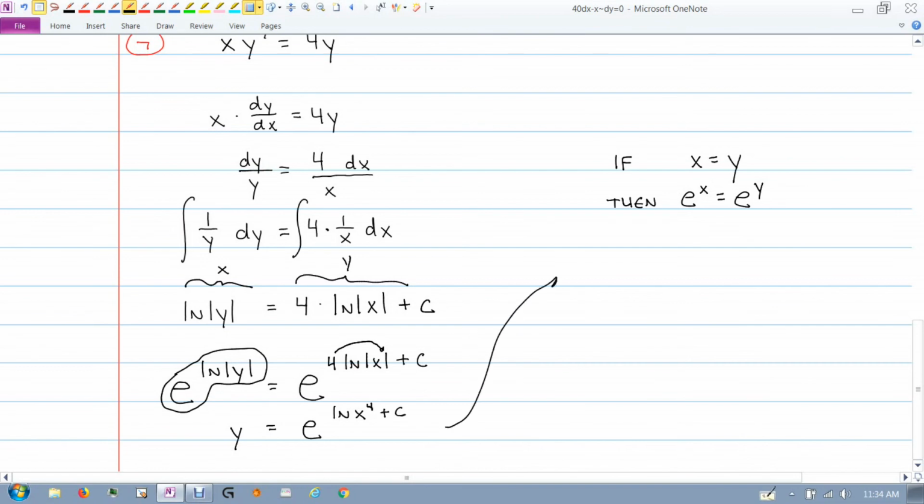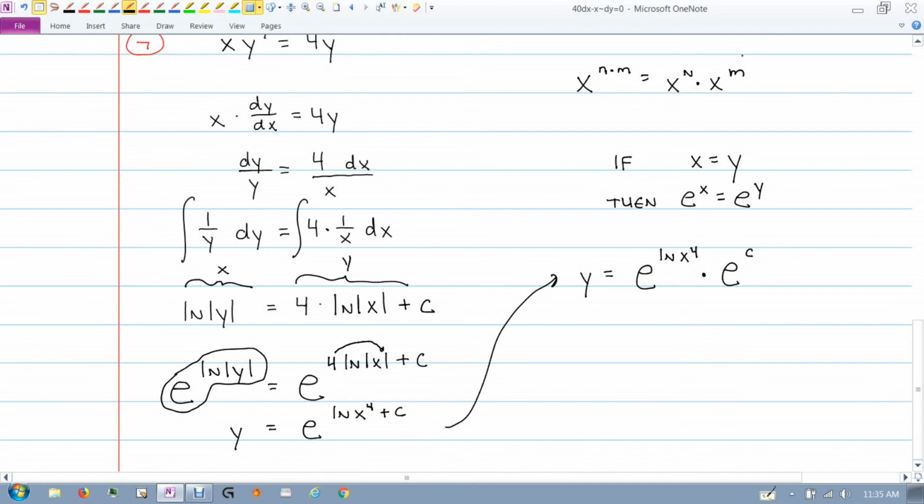And then that becomes y equals e to the natural log of x to the 4th times e to the c. And that's just, again, another property of exponents. If you have x to the n plus m, that's equal to x to the n times x to the m. So I'm just using that property right there.